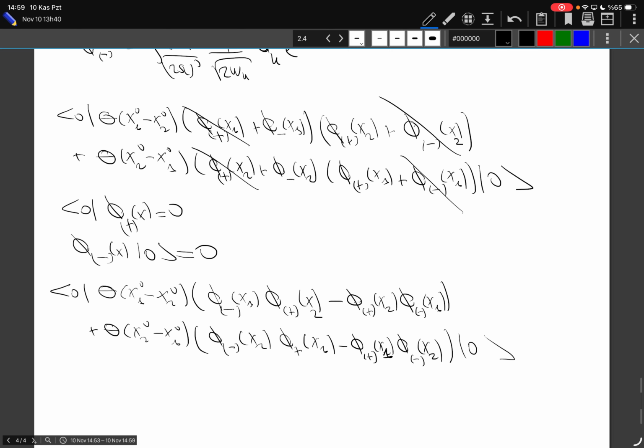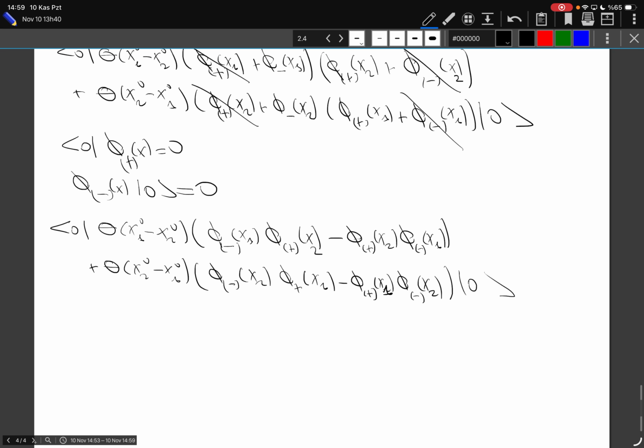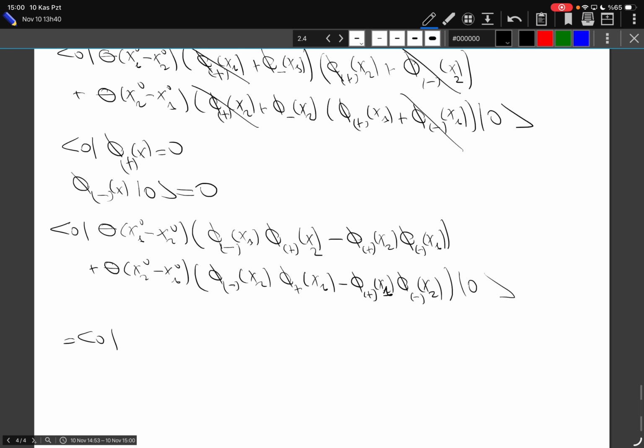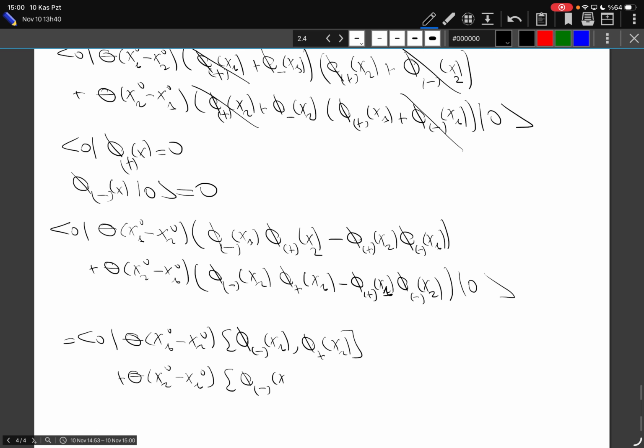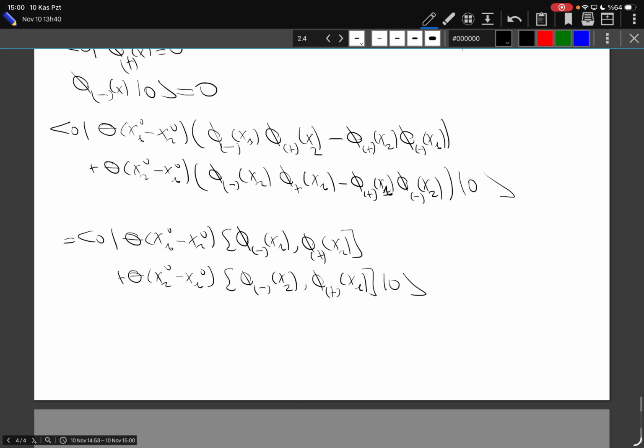Those terms are 0. They're just annihilation operators acting on the vacuum. But then I have this one. The commutator of two fields. Well, the commutator is a C number. It's not an operator. I can just take it out.